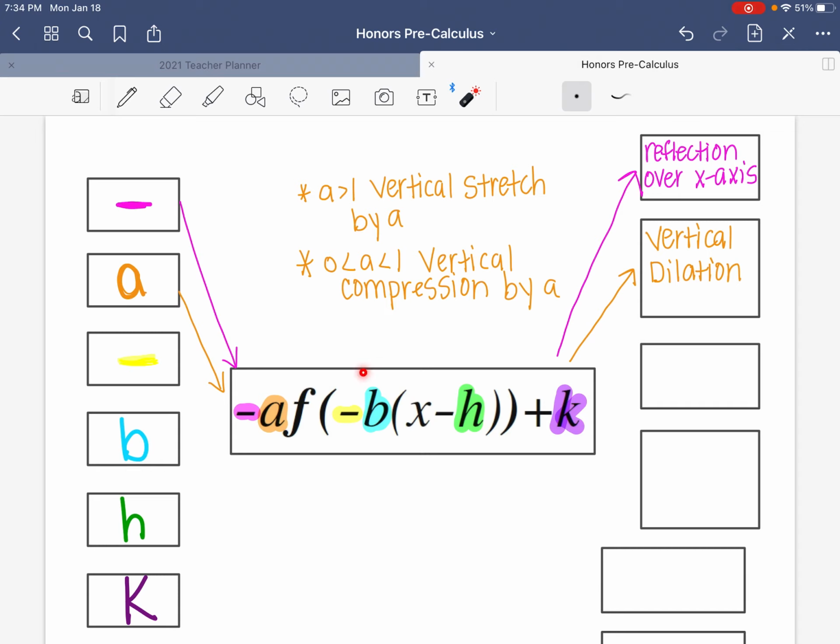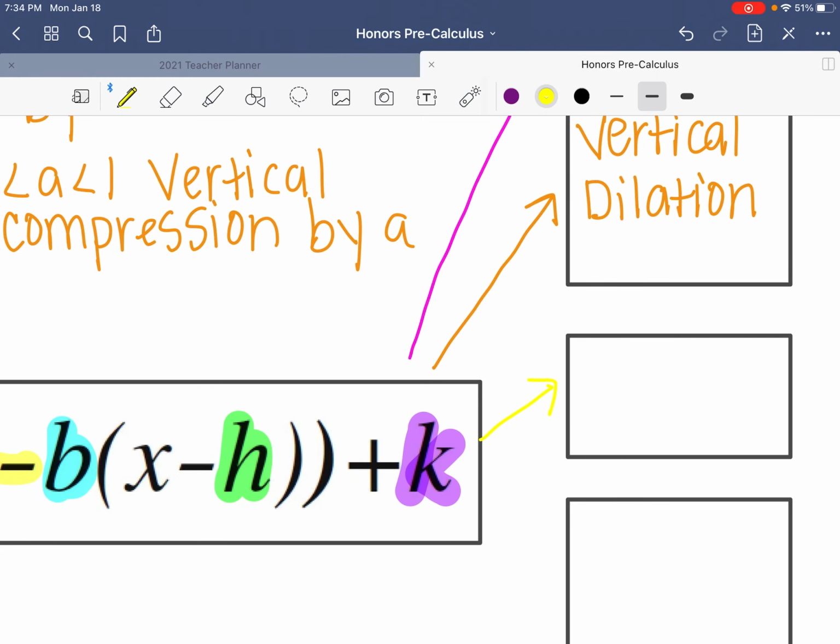So anything that's on the inside with the x is opposite of what you think it is, okay? So we're going to start with the negative in front. The negative for the original one was a reflection over the x-axis. So this negative is going to be the opposite. This one is going to be a reflection over the y-axis. So it's the opposite of the other.